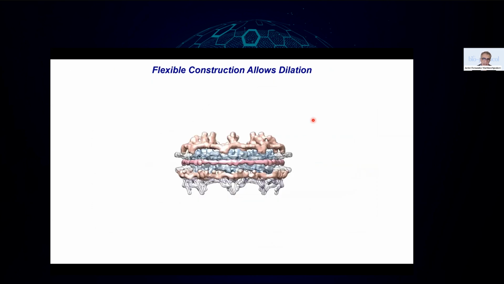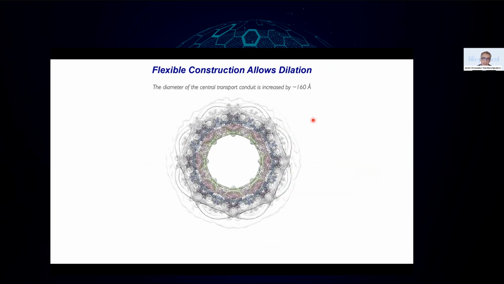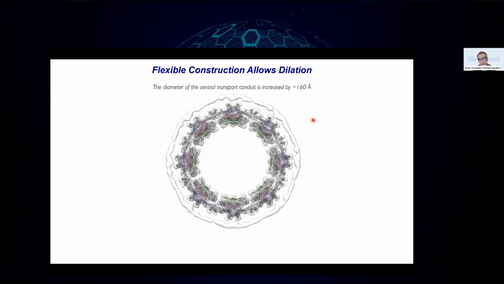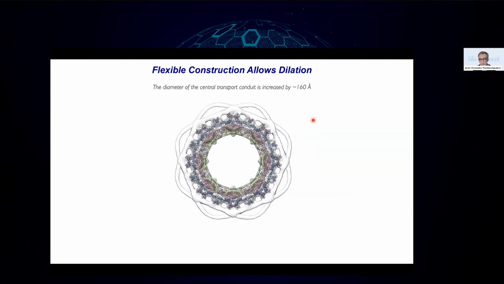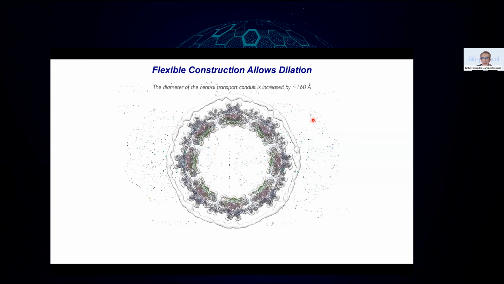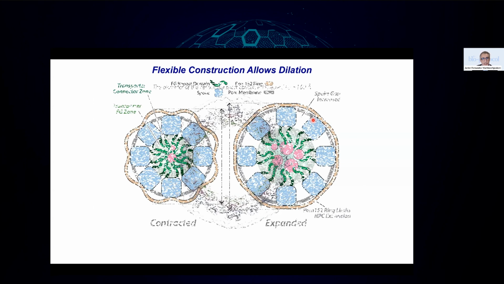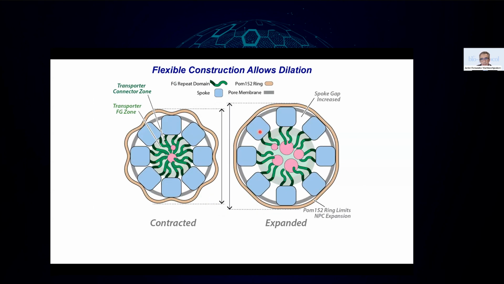You can also see this in this video comparing the constricted and dilated architectures of the nucleopore complex. And just to show you in a more diagrammatic way, between the active and the constricted NPC, we see that the POM152 luminal belt seems to be expanded and defining the maximum level of dilation of the NPC.